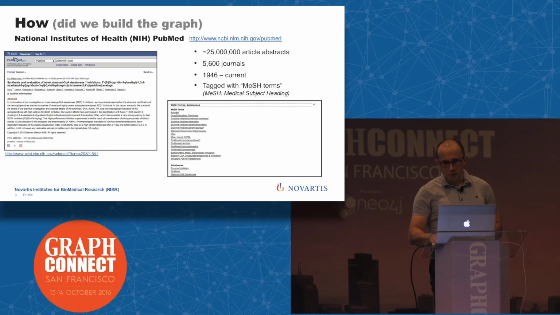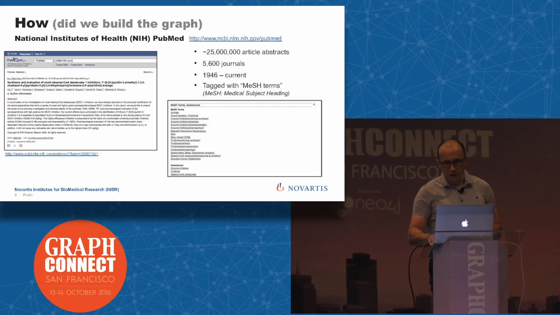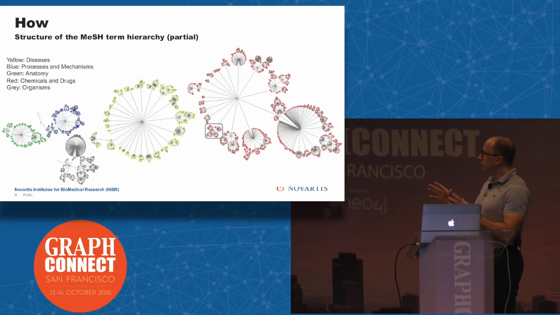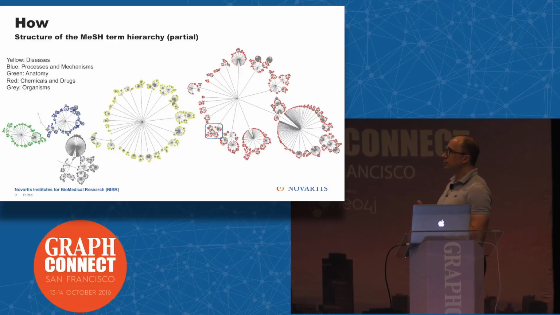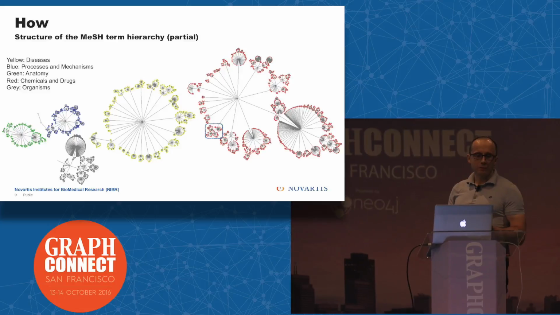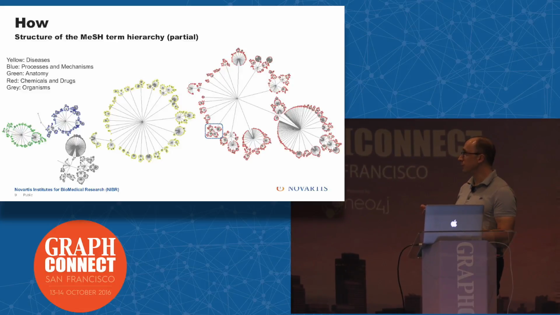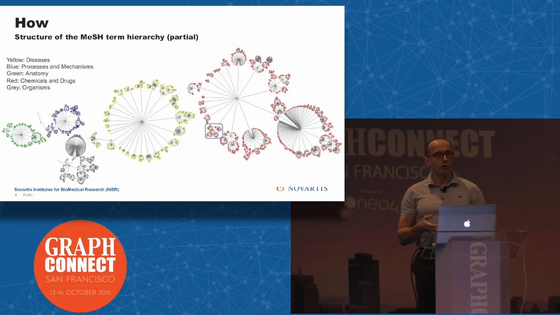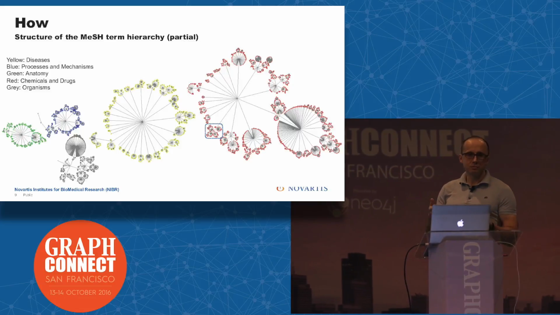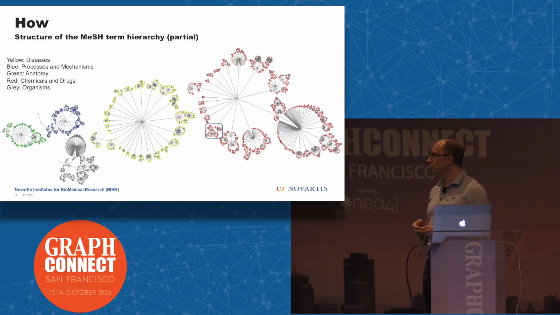I talked about how this is organized, and here I'm showing a little bit of how these MeSH terms are organized. They're organized in trees, and here I'm showing 5 of these, the ones that we're interested in. In total, there are 16 trees, and they also have things like geography or occupation, which for our purposes is not of that much interest.